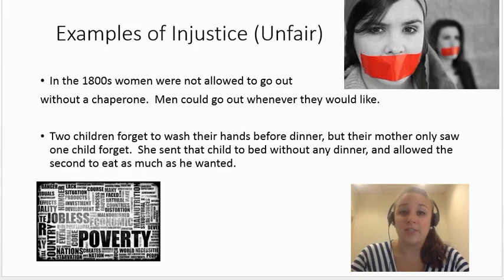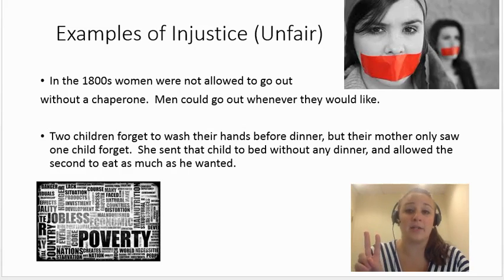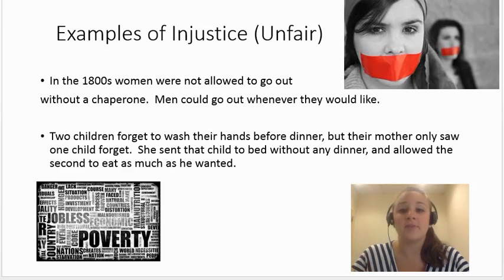Another example of injustice. Let's say that we have two children who both forget to wash their hands before dinner, but the mother only sees the little boy forget to wash his hands, but doesn't see the little girl forget to wash her hands. So an example of injustice would be this. That mother says, all right, little boy, I did not see you wash your hands, and now you have to go to bed without any dinner.